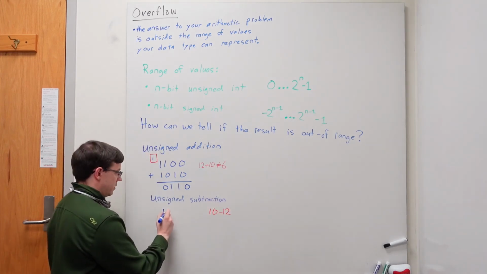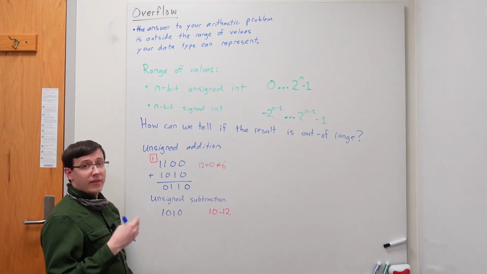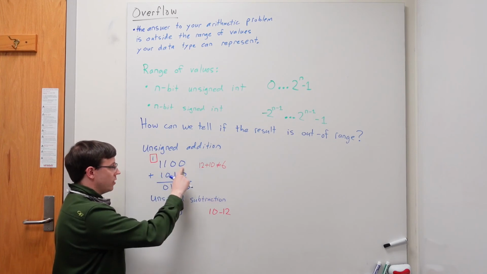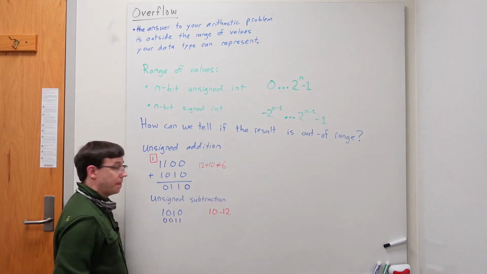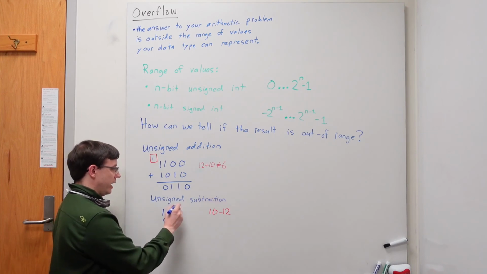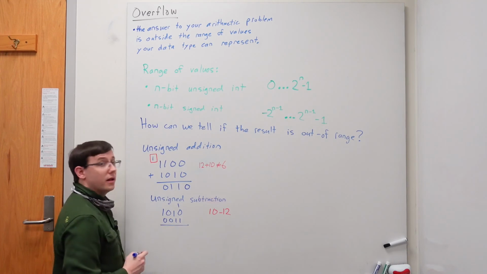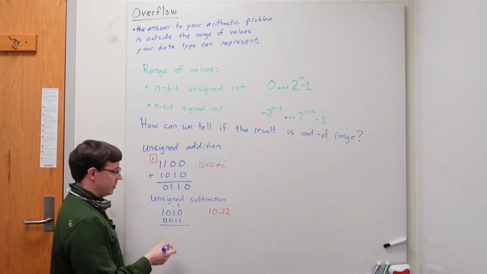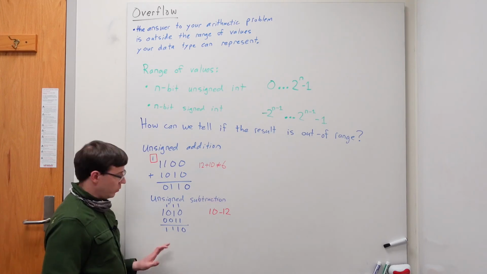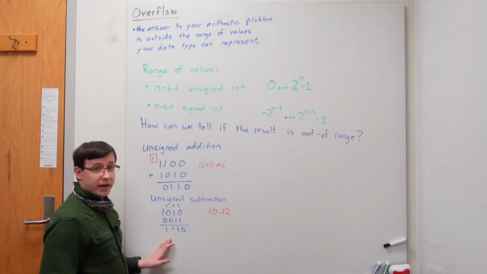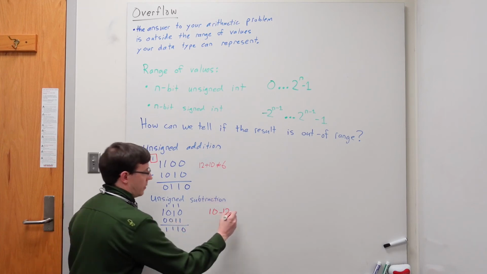So we put 10 in 4-bit binary on top, and then we take the negation of 12, so that would be 0, 0, 1, 1, and we include a carry in because we're performing subtraction. And now, when we carry out our arithmetic, we get a result which in unsigned 4-bit binary represents 14, which is clearly not the right answer.